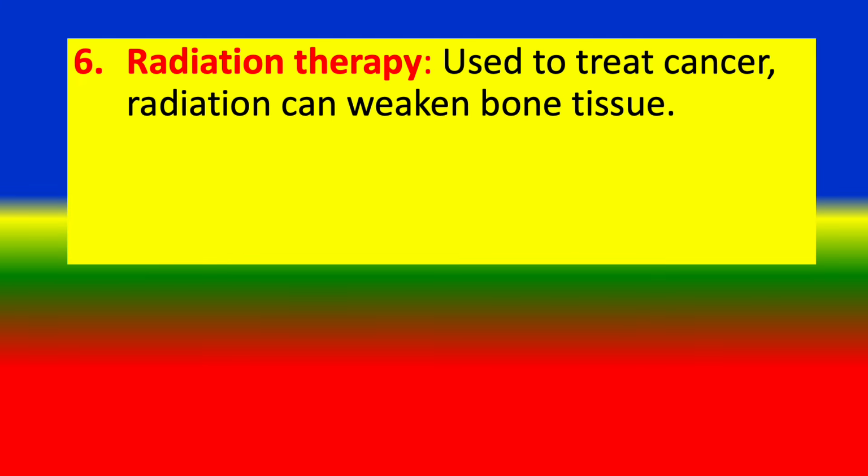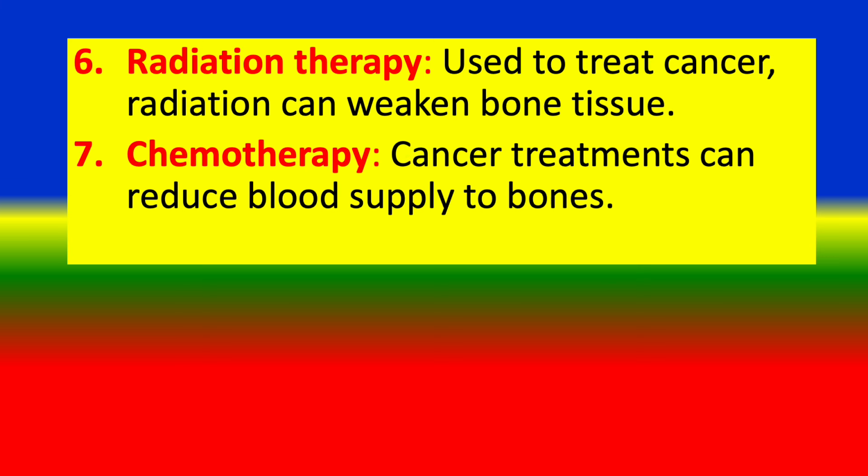Radiation therapy used to treat cancer. Radiation can weaken bone tissue. 7. Chemotherapy. Cancer treatment can reduce blood supply to bones.